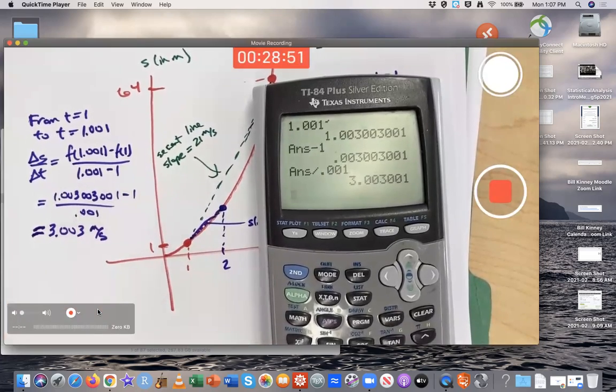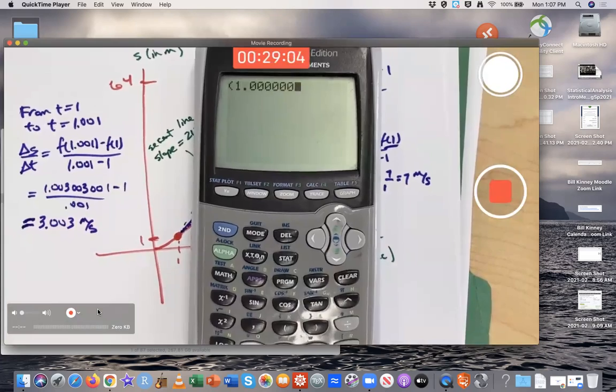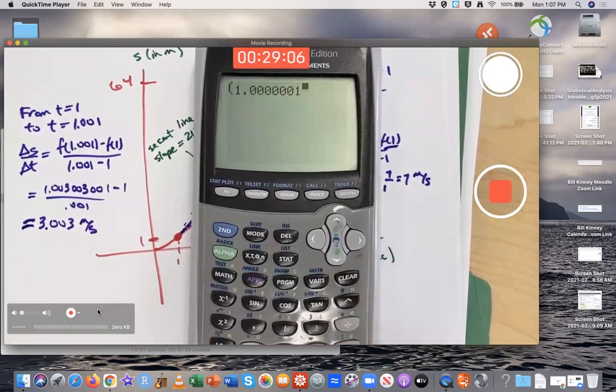And I could keep going further. Let me just do it on the calculator, in fact. Let's go from time 1 to time 1 point, let's make it, say, 6 zeros and then a 1. 1.000001 cubed minus 1 is my change in position. My time elapsed would be 0.000001.